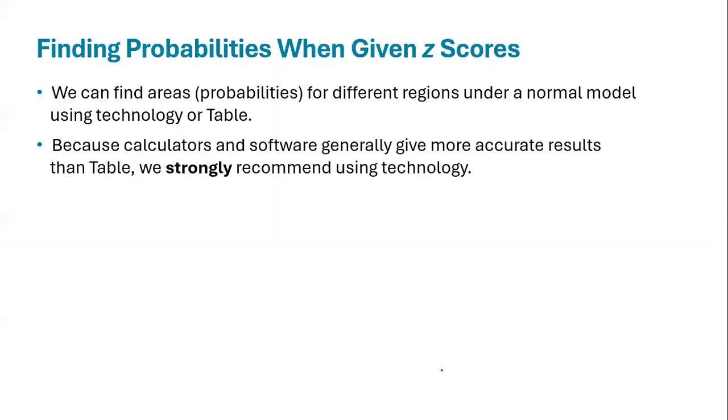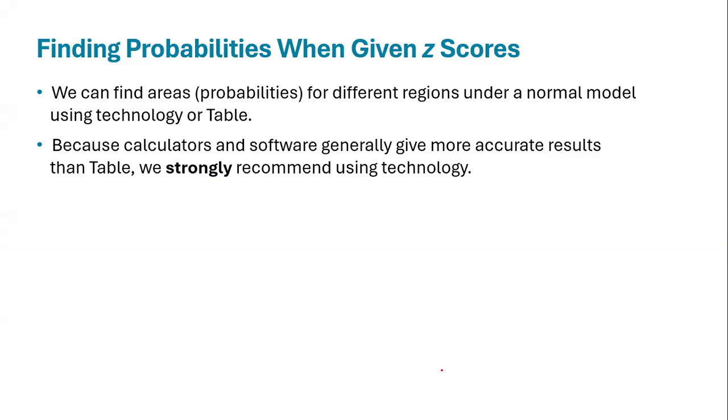In section 6.2, now we want to use these properties of the normal distribution to solve problems and find probabilities. How do you find probability when we have z-scores? Z-scores usually have a table, or there are different technologies that can help you use a z-score to find a probability.